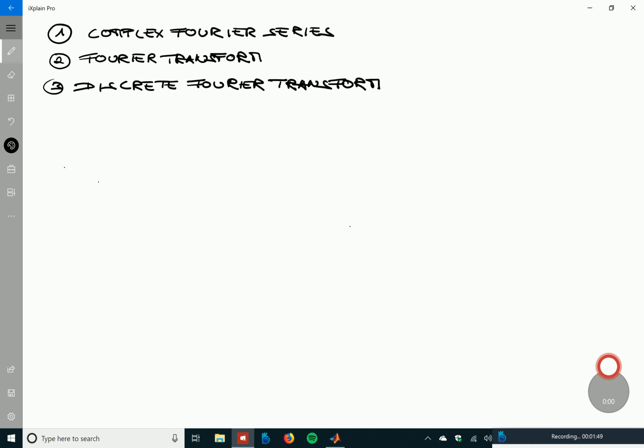And then the last topic actually in the whole Fourier analysis complex will be fast Fourier transforms, and this we will not do today. This will be the next session. That's kind of the standard algorithm that is used for discrete Fourier transforms and is implemented in things like NumPy or also MATLAB.